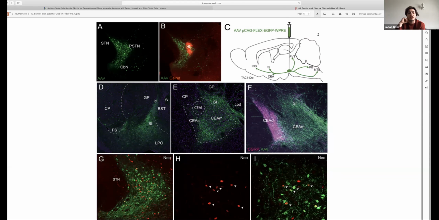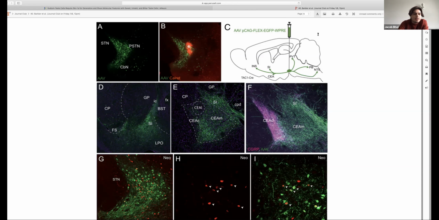They injected, I think, anterograde tracer into the PSTN that was dependent on Cre expressed by the TAC1 mouse line. So similar to what we'll be doing soon. And so that labels specifically the PSTN area better than just injecting a normal tracer there.